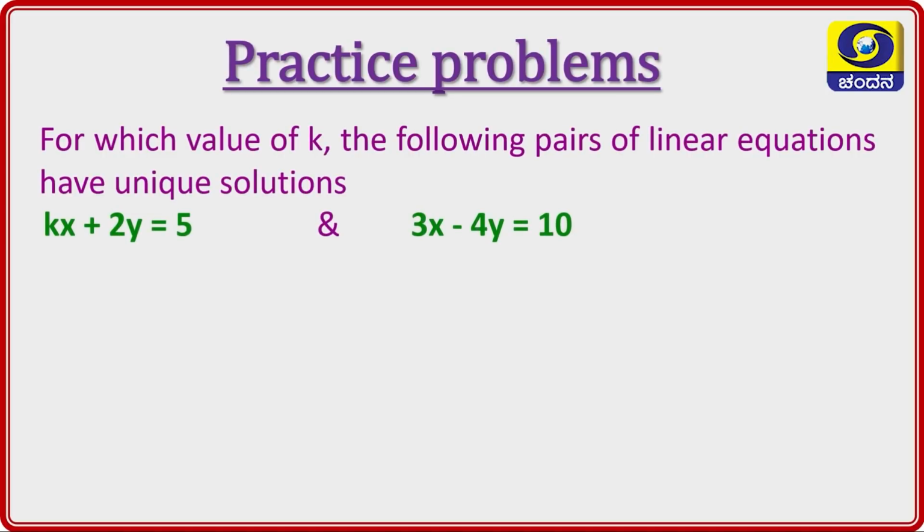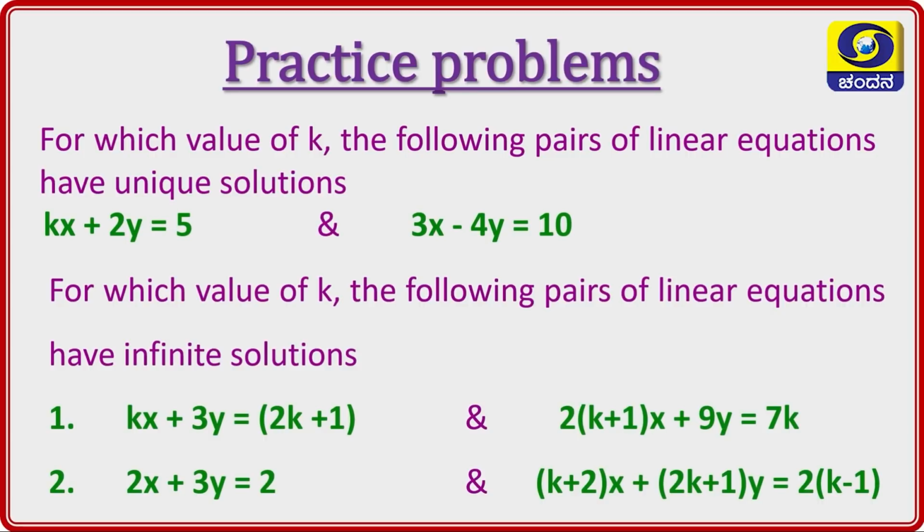For which value of k do the following pair of linear equations have a unique solution? Unique solution. That is kx plus 2y is equal to 5. Second equation, 3x minus 4y is equal to 10. One more problem, children.